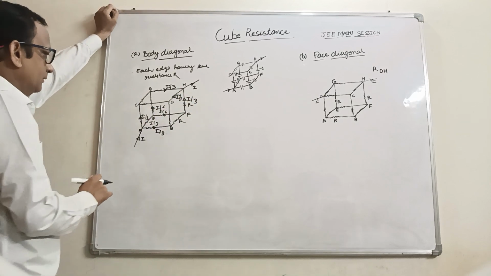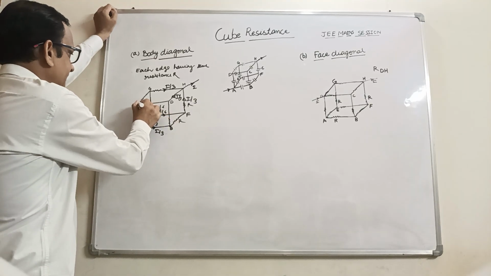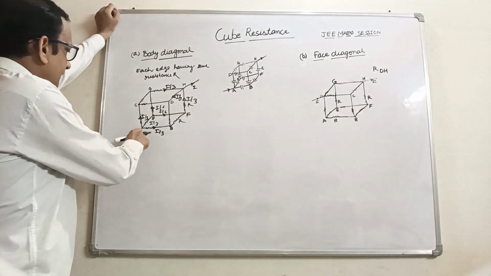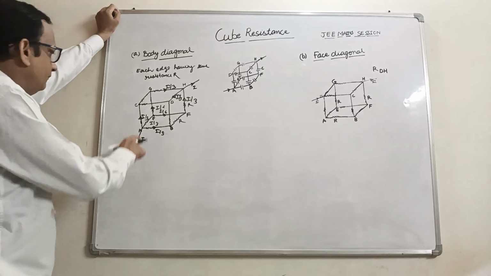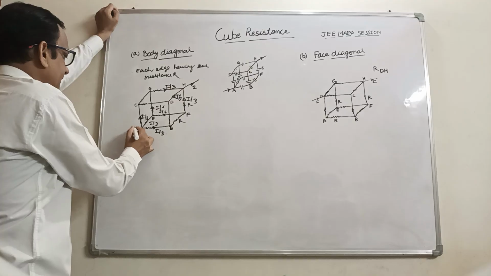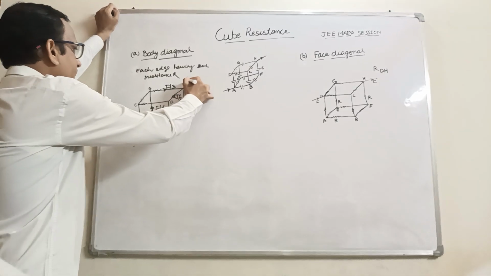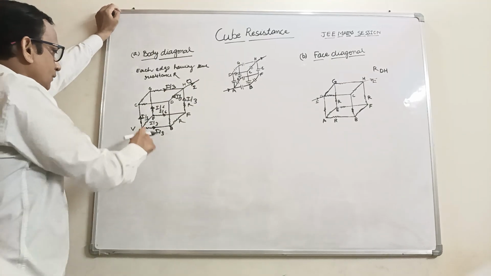In this scenario, we have to find the potential at these points. The potential at B, E and C would be the same because a battery is connected here. Let the potential of A be V and the potential at H be 0.